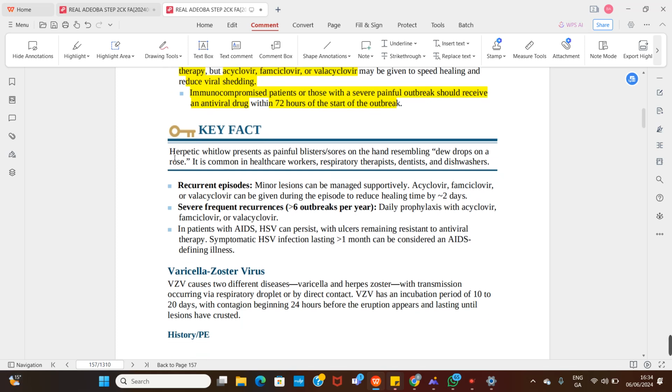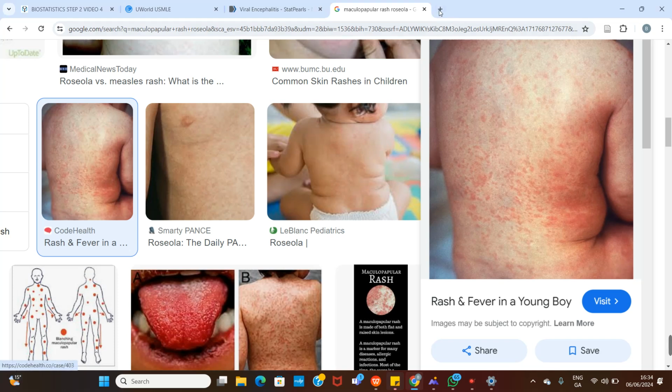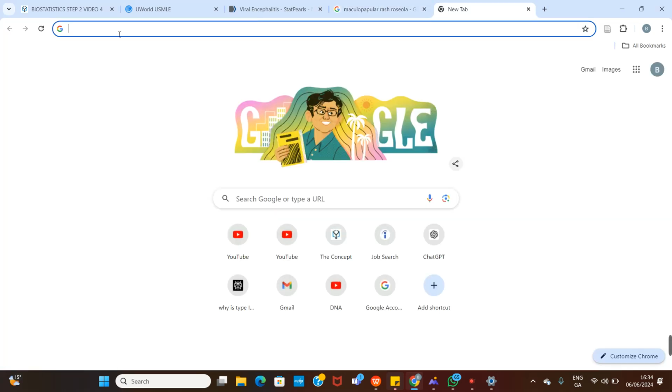I've talked about the herpetic whitlow, right? I talked about the herpetic whitlow as developing vesicles within the nail beds, just within the tissue of the nail. So let's see if we have something that can help us look at that.